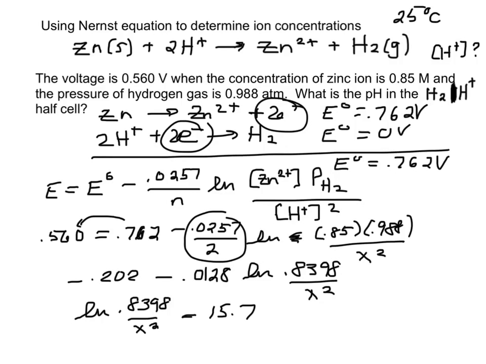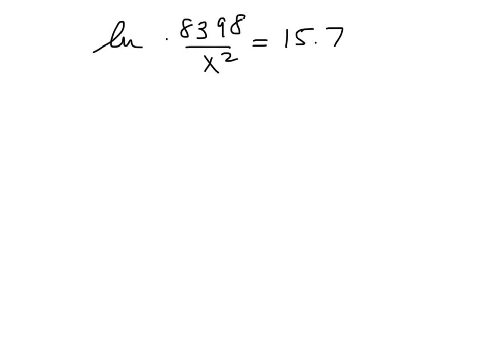I'm going to go to the next slide here. So the last thing I wrote was the ln of 0.8398 over x squared was 15.7. So I'm going to take the inverse ln of both sides.